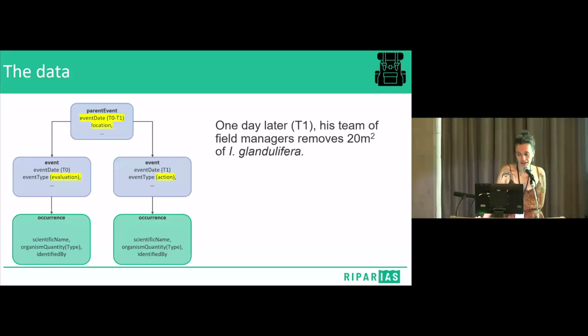One day later, his team of field managers removed 20 square meters of the same plant. Then it becomes a sampling event where we're speaking about two events. There's one parent event with two events, one event being the original observation of the species in the field, which we call here evaluation.